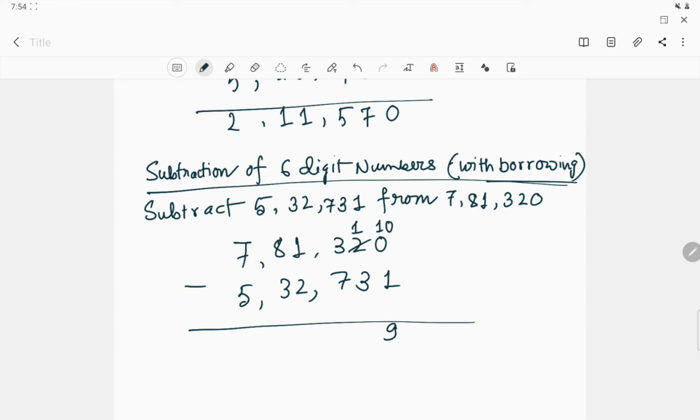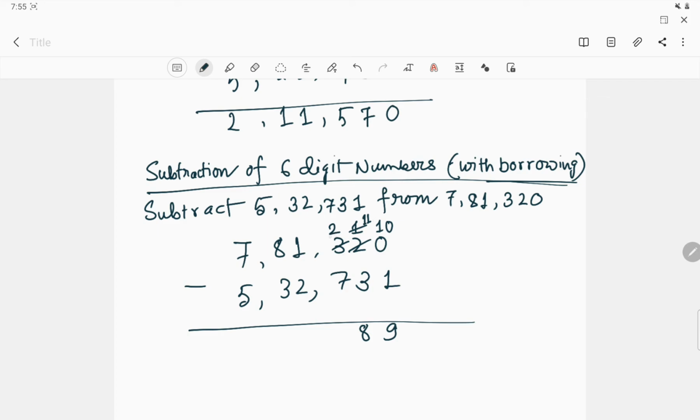1 less than 3, so you have to borrow 100. So 100, so it will be 11, right? So now 11 minus 3 it will be 8, because you have already borrowed 10, 100, so it will be 2.